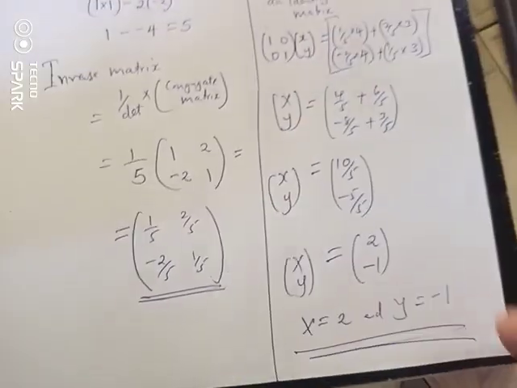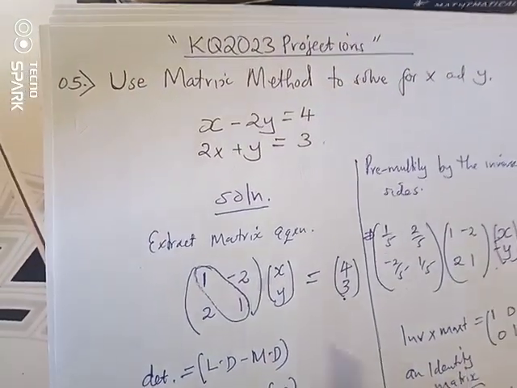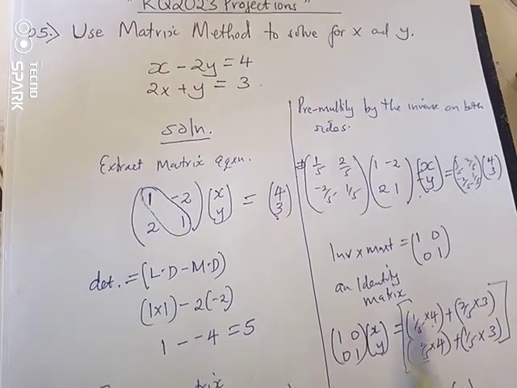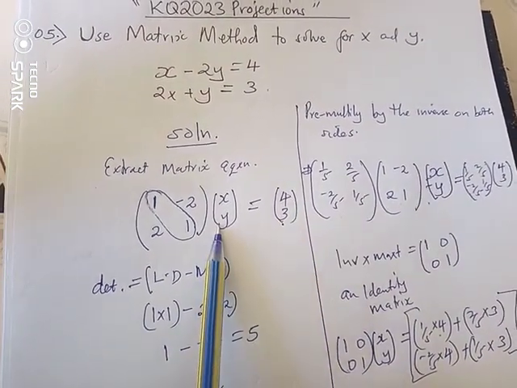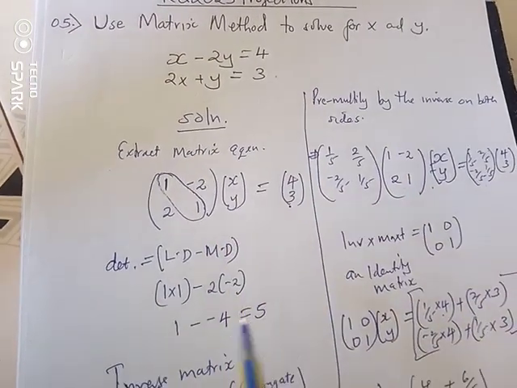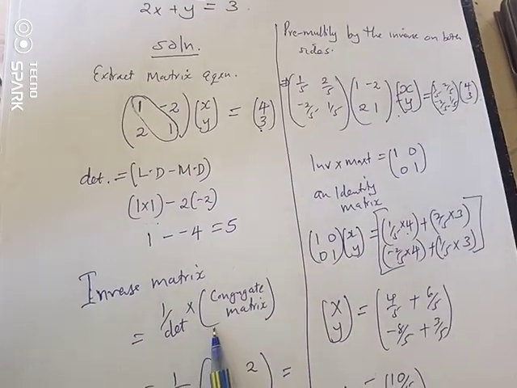Thank you guys. Follow through. You cannot afford to miss matrix method of solving simultaneous equations. You just follow through: extract the matrix equation, get your determinant, substitute here, get your inverse.